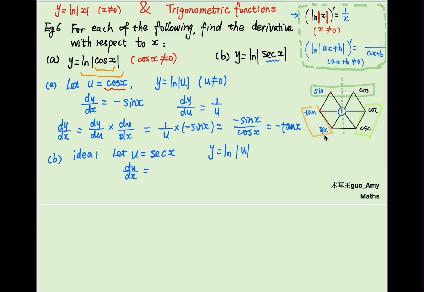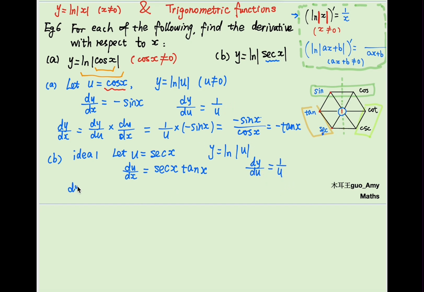Calculate du dx, so sec x here, and its derivative is positive sec x times tangent x. dy du is the same as the above question.